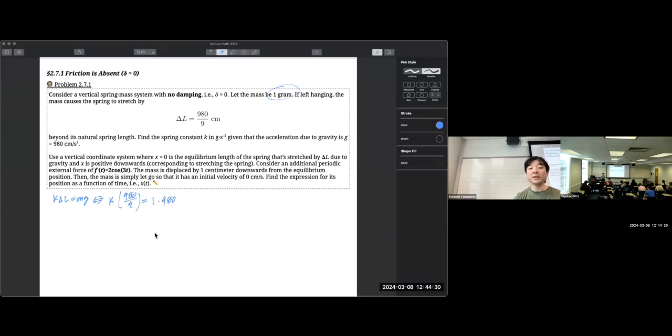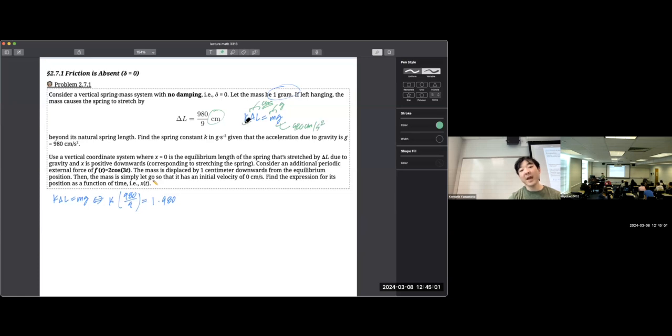I use g equal to 980 because if you look at your units, you just have to make sure that the units are consistent. If delta L is measured in centimeters, you see that from here, and your mass is in grams, then because of these centimeters you probably want to use 980 centimeters per second squared.